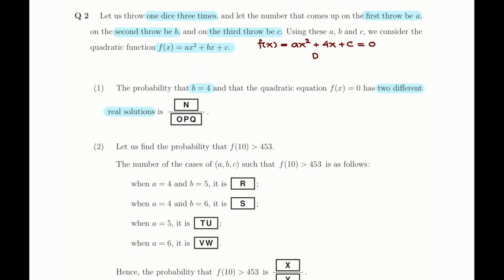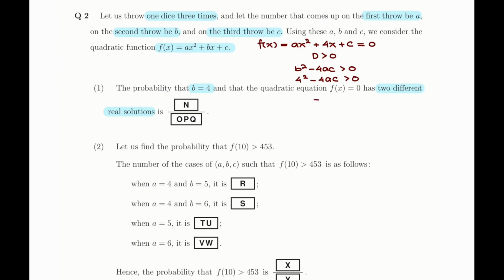The formula of the discriminant is b squared minus 4ac greater than 0. b is the coefficient of x, a is the coefficient of x squared, and c is the constant term. So since b equals 4, that means 4 squared minus 4 times a, I do not know the value of a, and also I do not know the value of c. So I will write it down as c.